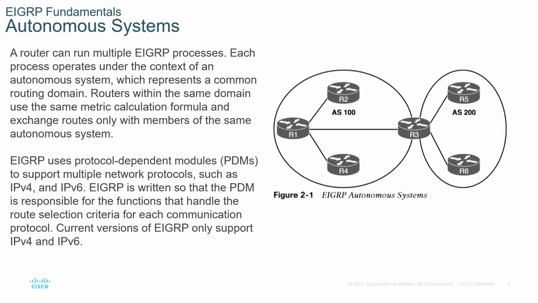And an autonomous system is devices that are under common administration. So this allows the routers to calculate information based on the same metric standards and exchange their routes with each other within that autonomous system.